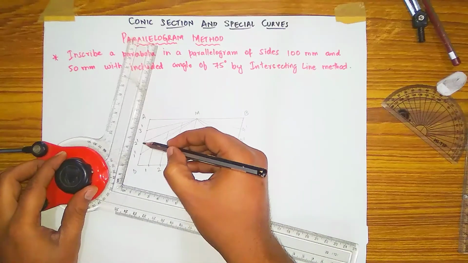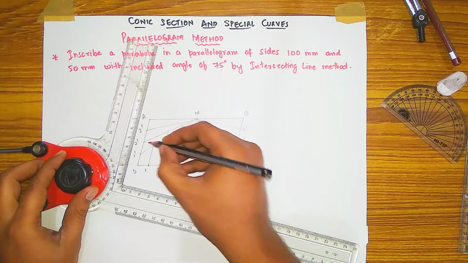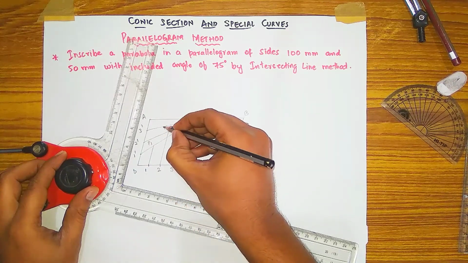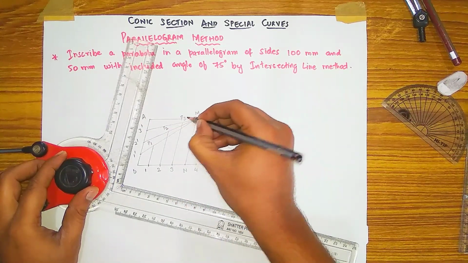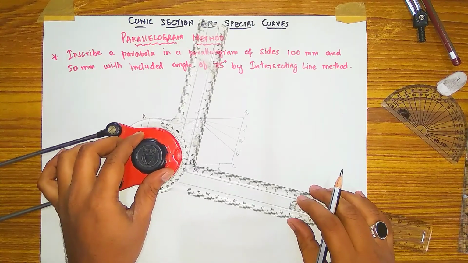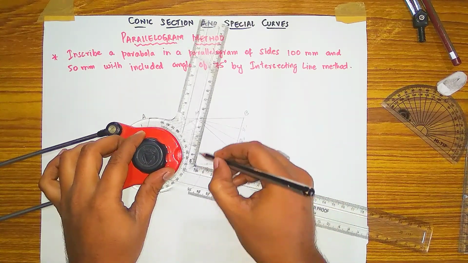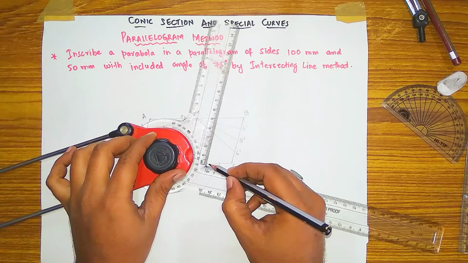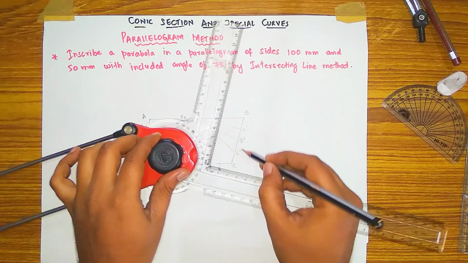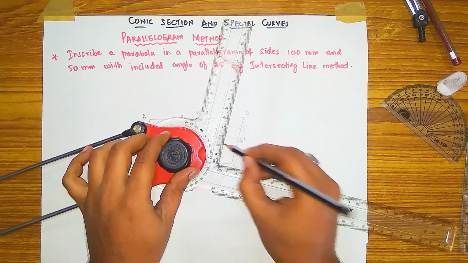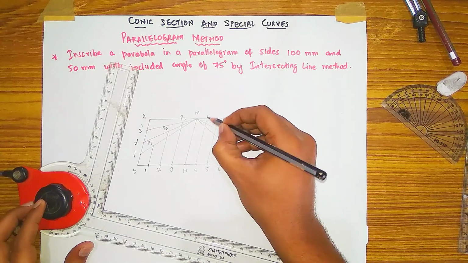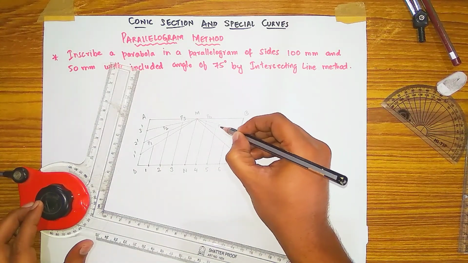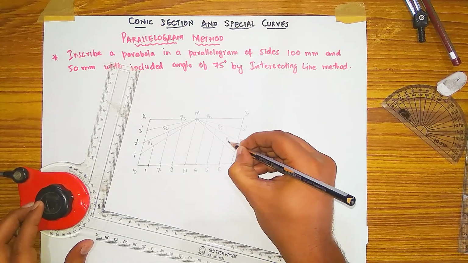These points will be P1, P2, P3. Then do the remaining 4, 5, 6 till 4 dash, 5 dash and 6 dash. These points will be P4, P5 and P6.